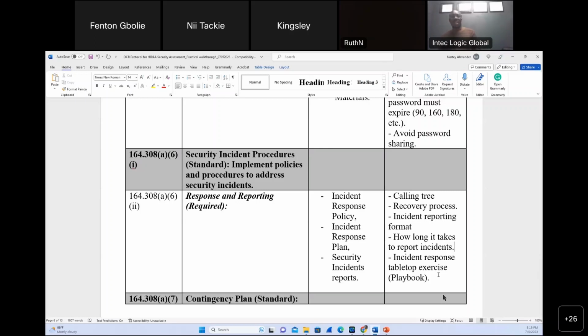Immediately maybe we will deactivate the person's account. We'll go and look at the logs, where whoever stole the account went, something like that, to give you a high-level process to follow whenever there is an incident. It's very, very important.